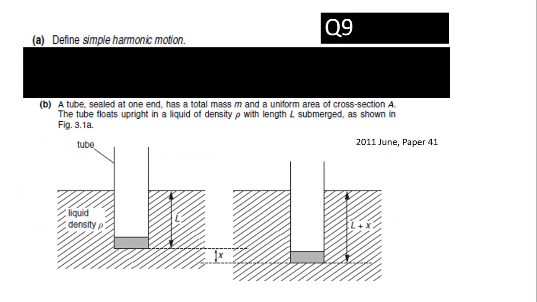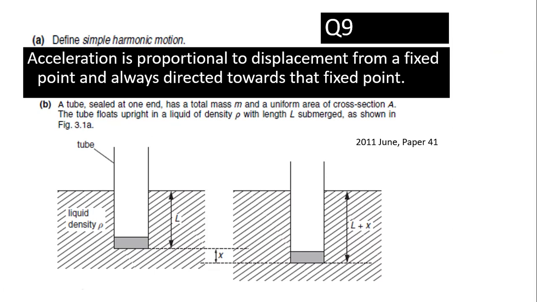How to define simple harmonic motion? Forgotten already. That's why I say if you don't review what I teach you, you have forgotten already. Acceleration is proportional to displacement from a fixed point and always directed towards a fixed point.